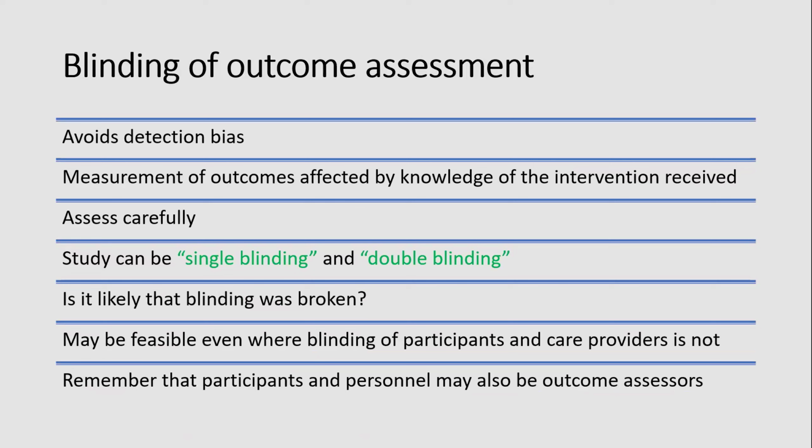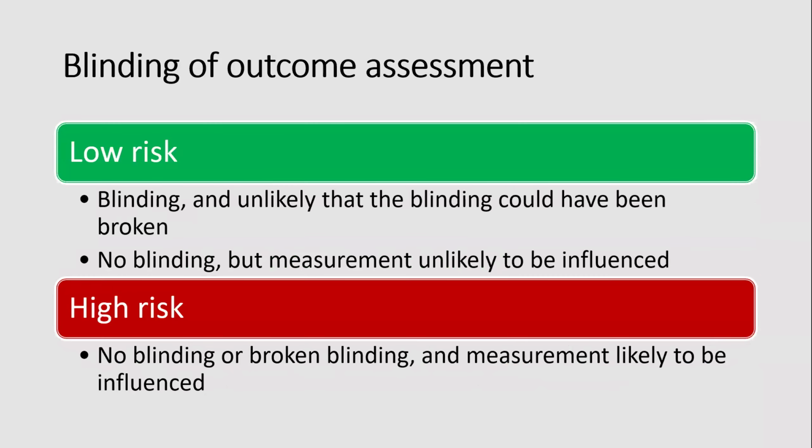They have to mention why it was not possible to blind the researcher or the participant. Blinding of outcome assessment may be feasible even where blinding of the participants and care providers is not. Remember that participants and personnel may also be the outcome assessor. Since we cannot say that the researcher or the participants were not blinded during the outcome assessment, it depends on the study where the blinding is really required.